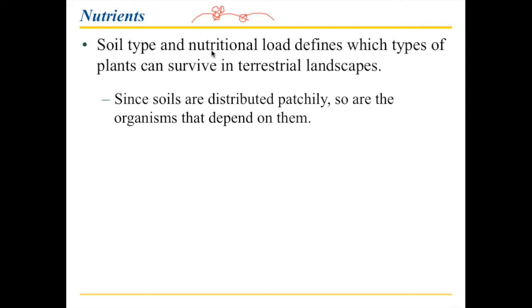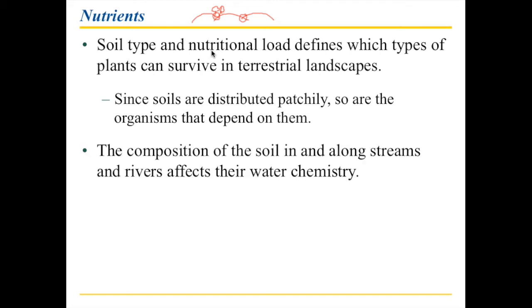Obviously, if the plants are what you seek as a source of food or as a source of shelter, then your distribution is also going to be patchy if the plants are patchily distributed. Now, it turns out that this is a very dynamic aspect of abiotic factors, because the composition of the soil may change in different areas.